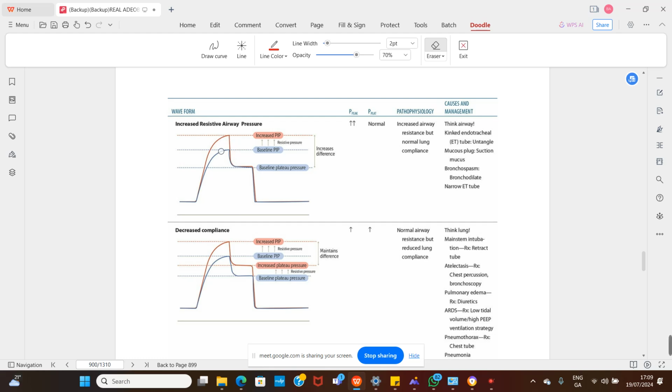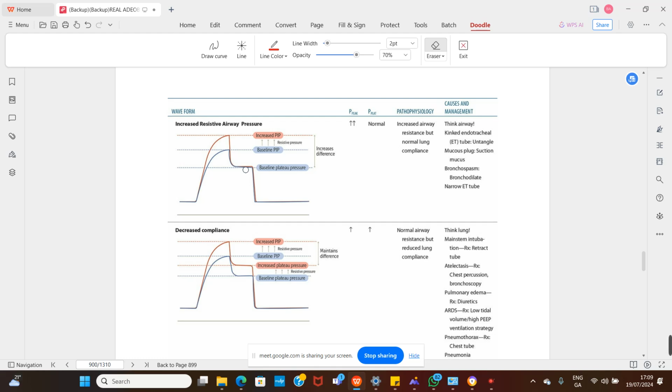The only thing that's elevated is your PIP. So, do you think there's a problem with the compliance of this lung? No. It means that this is not a compliance problem. And what is the only thing that separates plateau pressure from PIP? The resistive pressure. So it means that there's a problem with the resistance here.